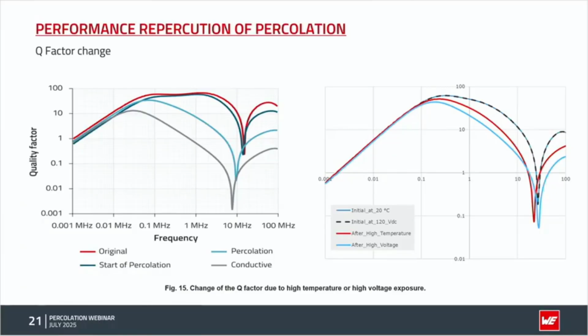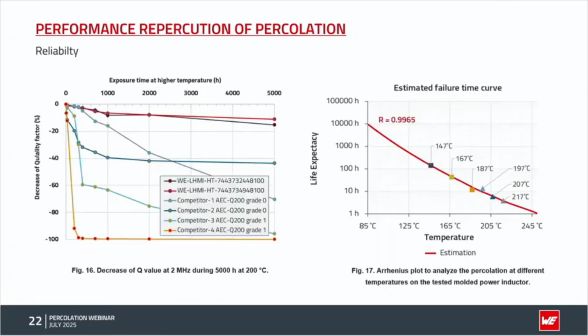But at the end, we start with one network, then another network, and with time almost all the material is affected. So we don't keep it until 1,000 hours of test as AEC-Q recommends.